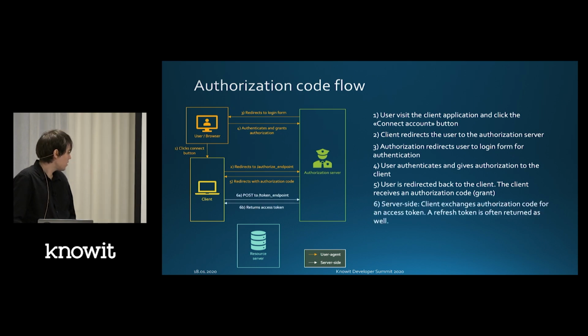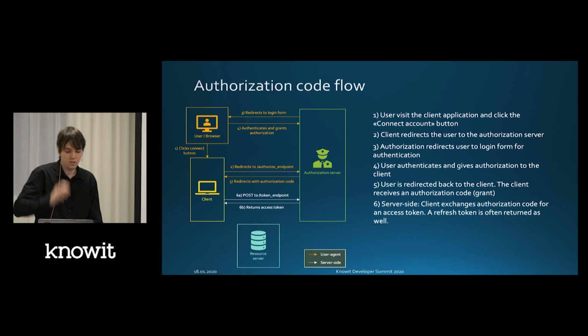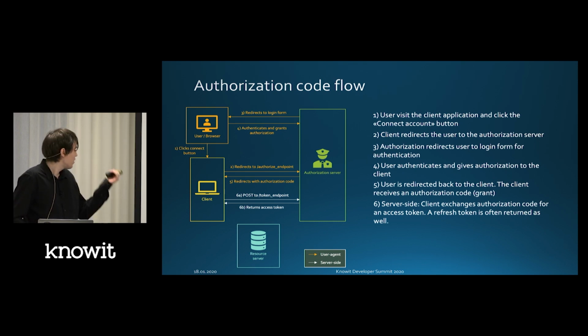Then the client has gotten this authorization code, and the authorization code is the grant I was talking about. It's just some code that the authorization server will recognize, some random string, and it has to be crypto safe. But it's very short-lived, much shorter than the access token. The client can then do a POST request to the token endpoint of the authorization server.